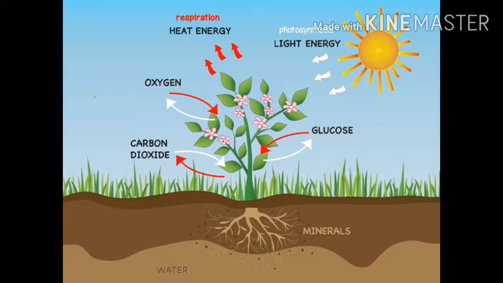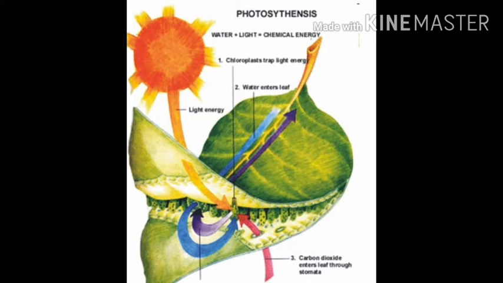Oxygen and carbon dioxide diffuse through the stomata, the lenticels of the bark, intercellular spaces of leaves, and the root hairs, and exchange of gases takes place.